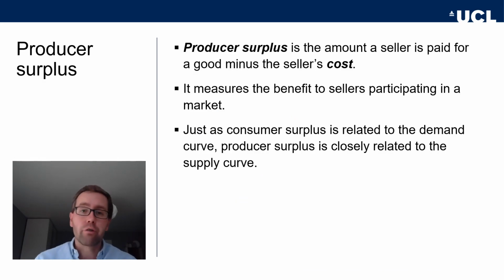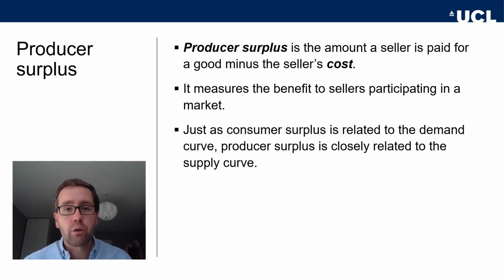Now we're ready to introduce the mirror image of the consumer surplus, and that is producer surplus. Producer surplus is the amount a seller is paid for the good, given the market price, minus the seller's cost. So how much does it cost me to make an espresso, to set up a stand and sell 1 unit of espresso?